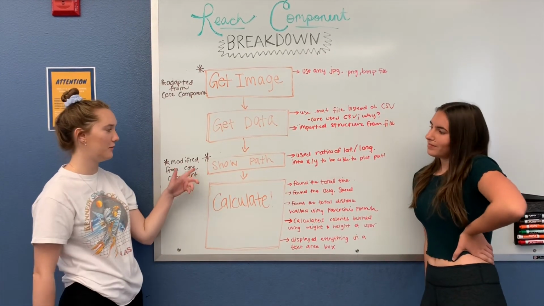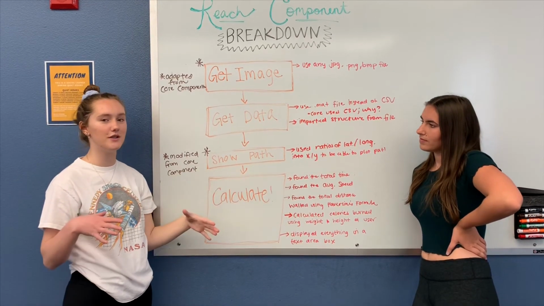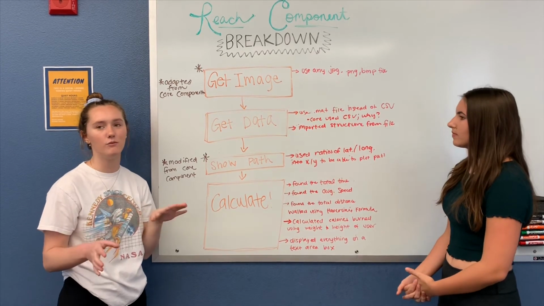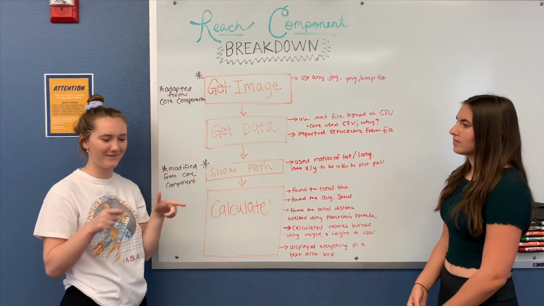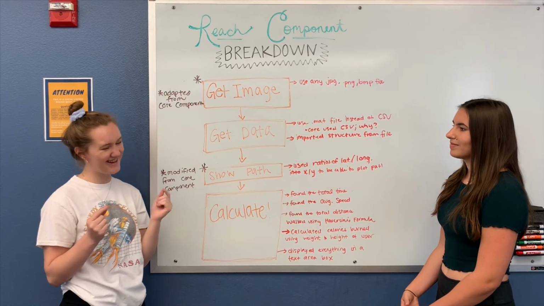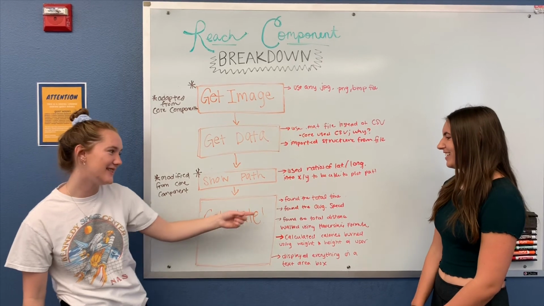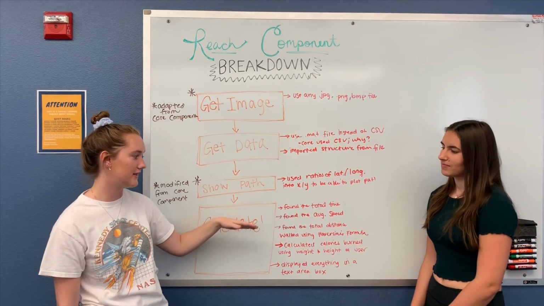And then the third button that we made was a show path, and this took the ratios of the latitude and longitude into XY coordinates, and we did this conversion in a part of the code. And then the fourth button is we found the total time that it took between going different distances.